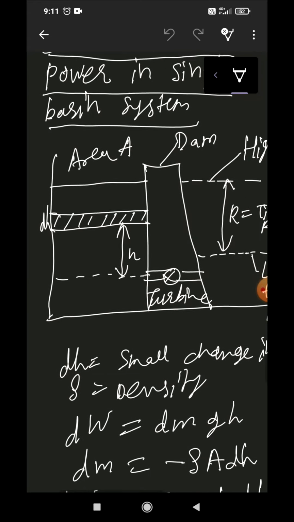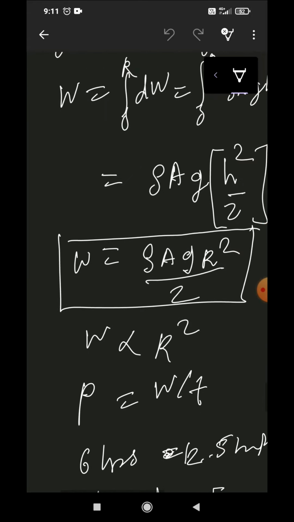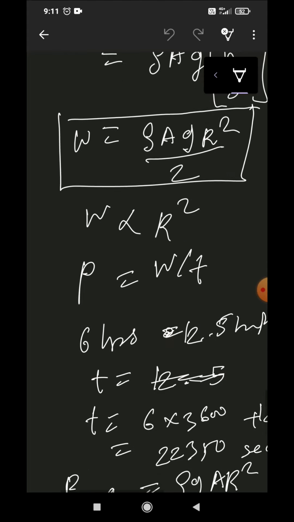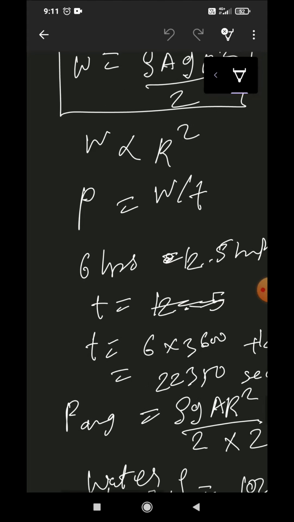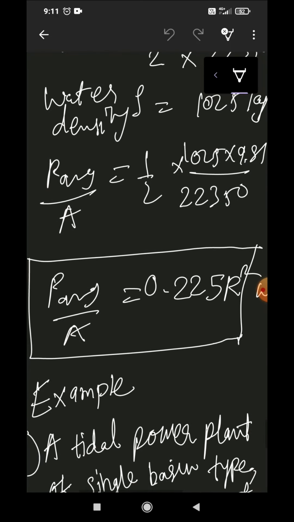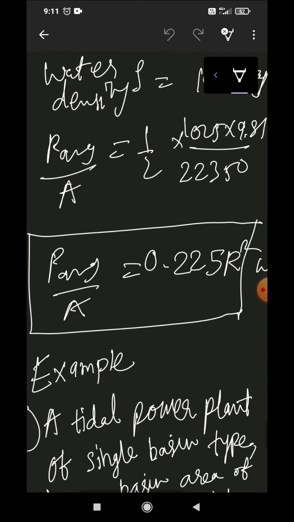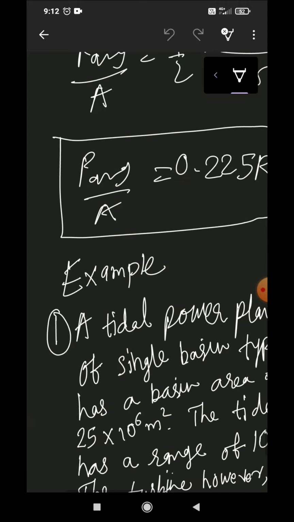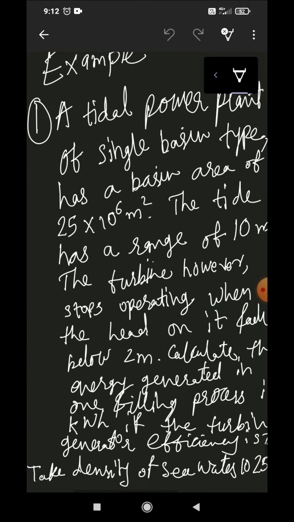In this system we got the formula that power P average upon area A is equal to 0.225 R square watts. Based on this equation we will solve one example which was asked in GTU.